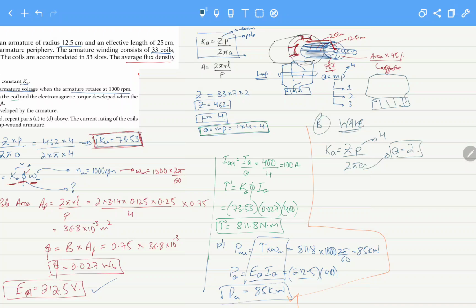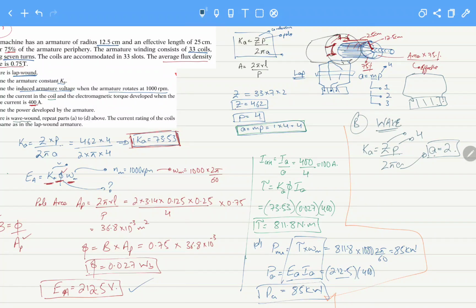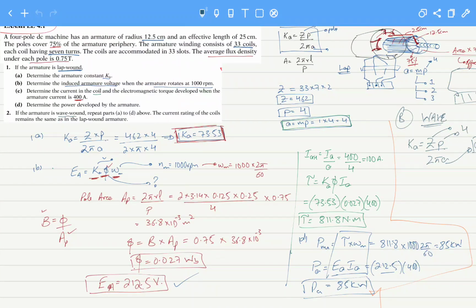It will not be equal to P, it will be 2. And the value of Z, as we have calculated previously, will remain the same. That is the total number of conductors that we calculated, 462.